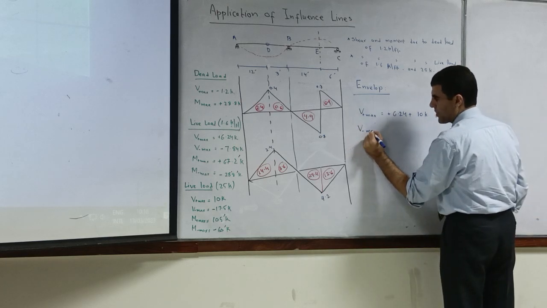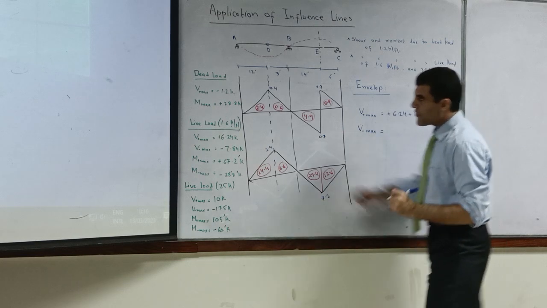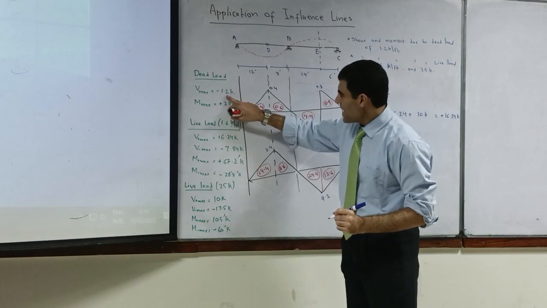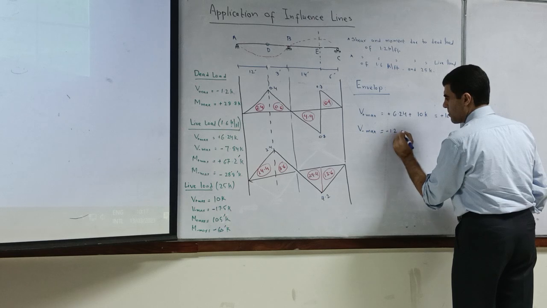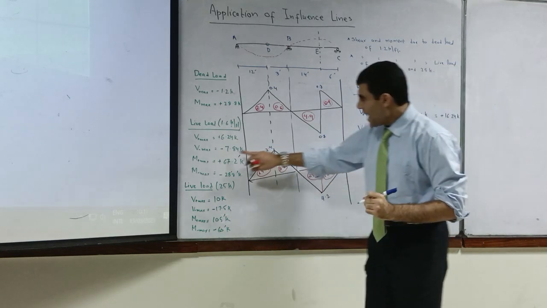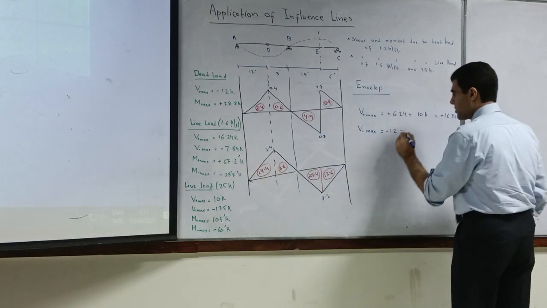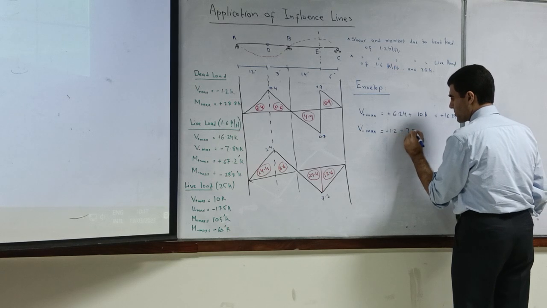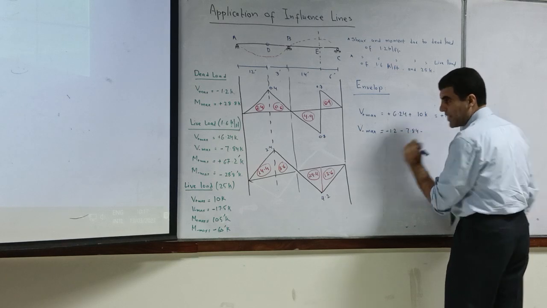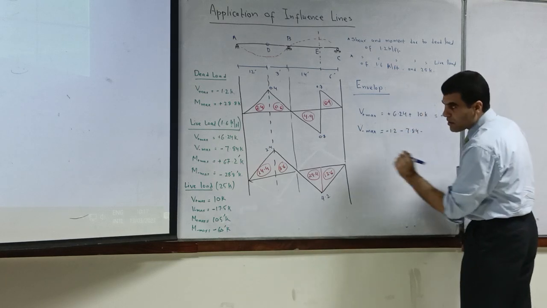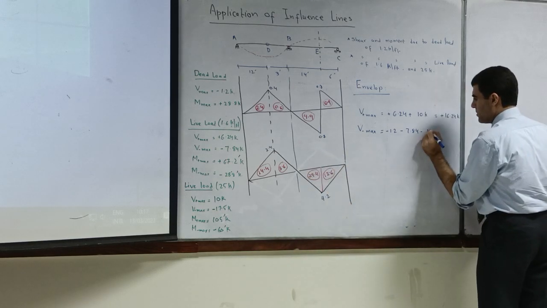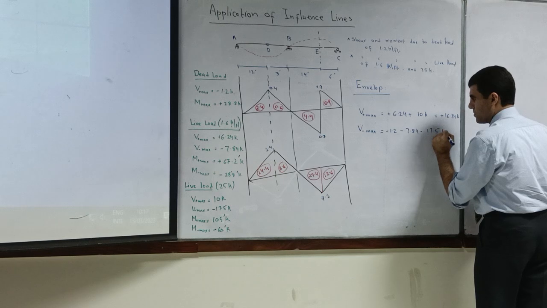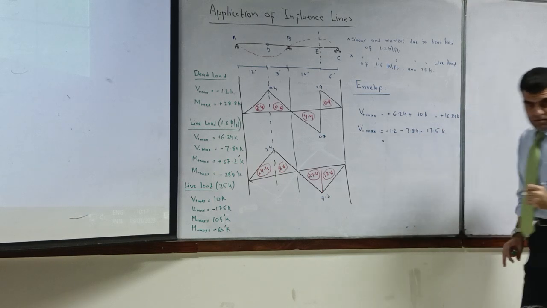V minus max is minus 7.84, minus 1.2, minus 7.84, minus 17.5. So how much?